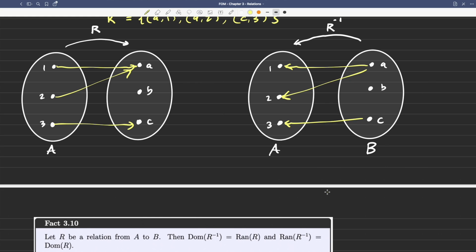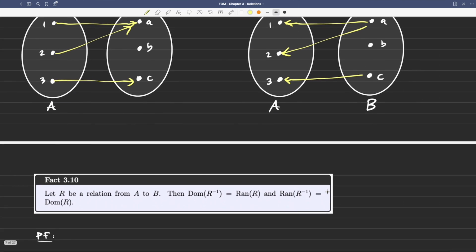So what was the domain of your original relation becomes the range of the inverse relation, and what was the range of the original relation becomes the domain of the inverse relation. And so that's the content of fact 3.10 here.